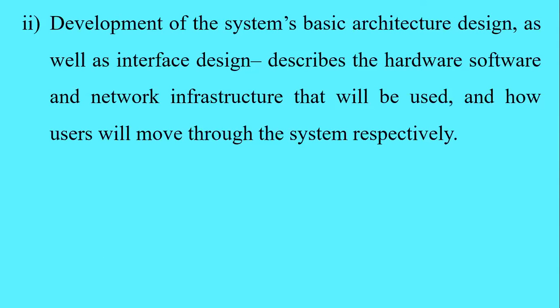Number 2 is development of the system's basic architecture design, as well as interface design. This describes the hardware, software, and network infrastructure that will be used and how users will move from the system respectively.